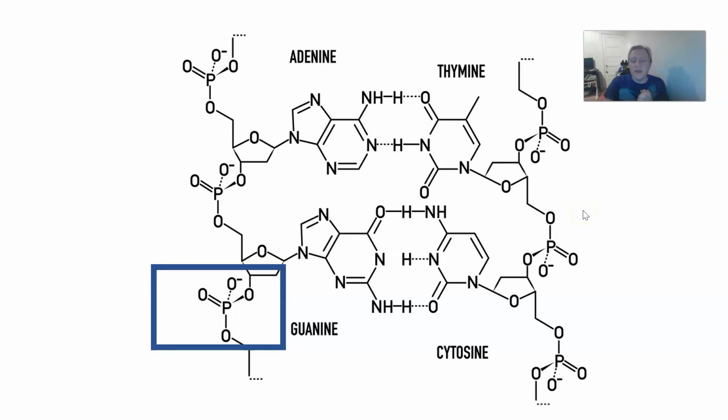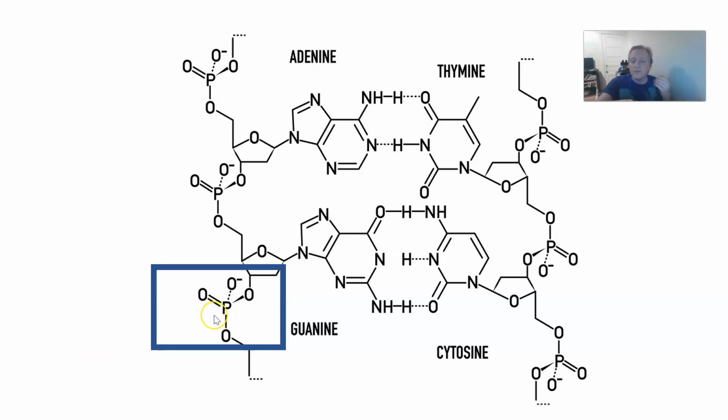Here's this all put back together. You may have heard me say in the past that DNA is negatively charged. The reason that DNA is negatively charged is because of these phosphate groups. So remember from a moment ago, it's a phosphate sugar backbone that makes up this structure of DNA.